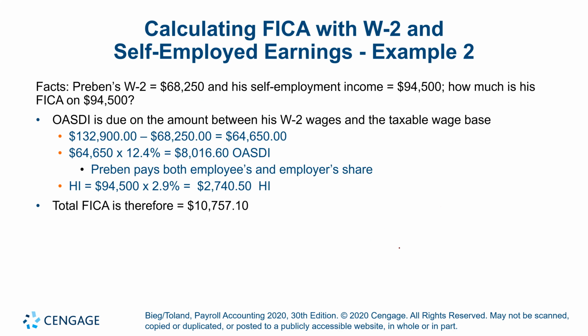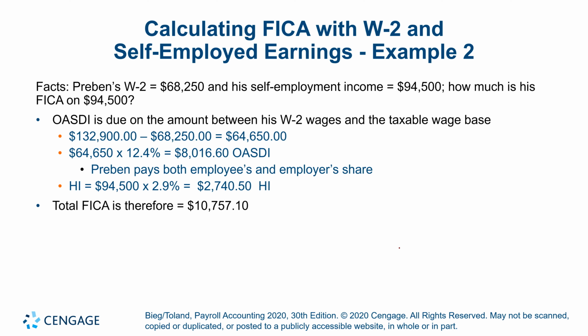All right, here's another example. It says Prebin's W-2 equaled 68,250, and his self-employment income is 94,500. How much is his FICA tax on the 94,500?